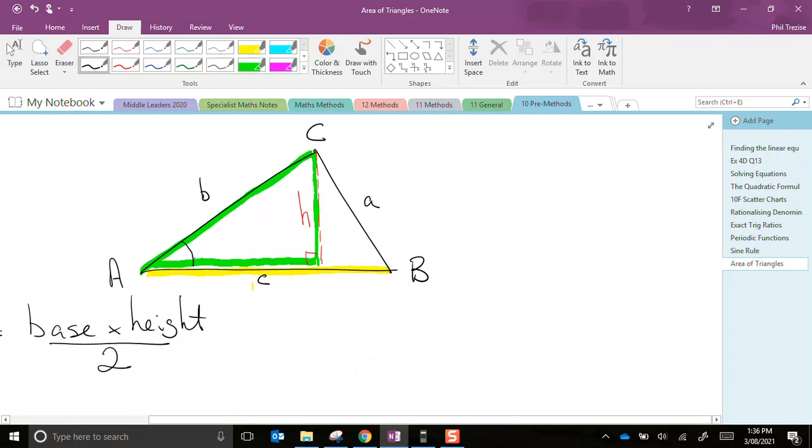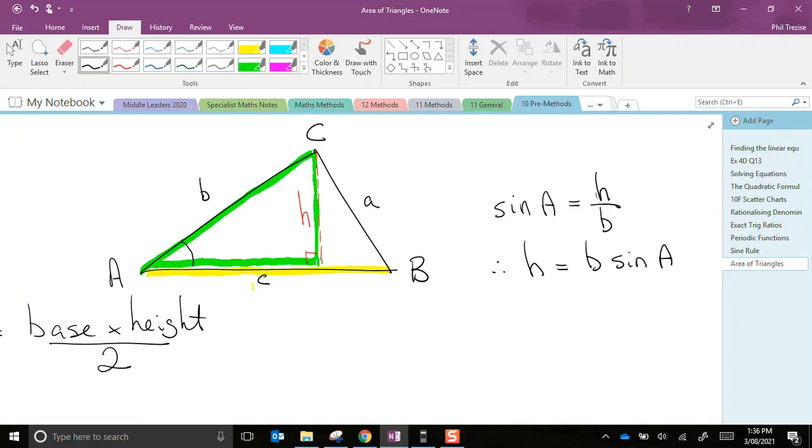Remember, this angle is angle A. If I wrote the sine of angle A, sine is the opposite, that is height in the green triangle, over the hypotenuse, which is B in the green triangle. Multiplying through by B, I would have the height equals B multiplied by the sine of A. The height of the original triangle is edge B multiplied by the sine of angle A.